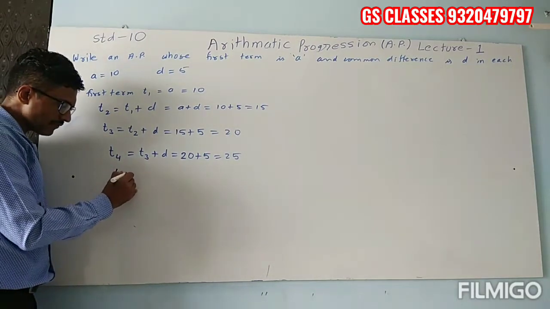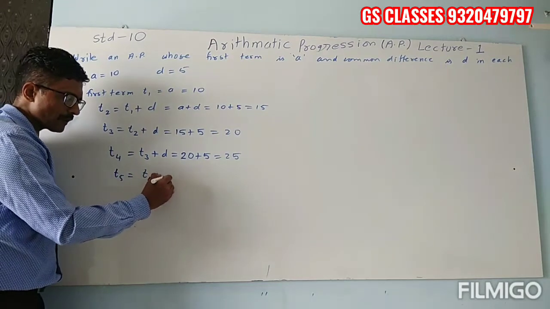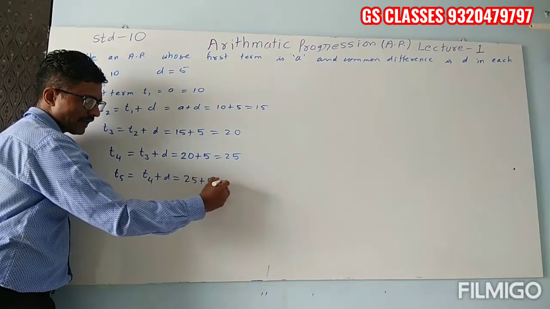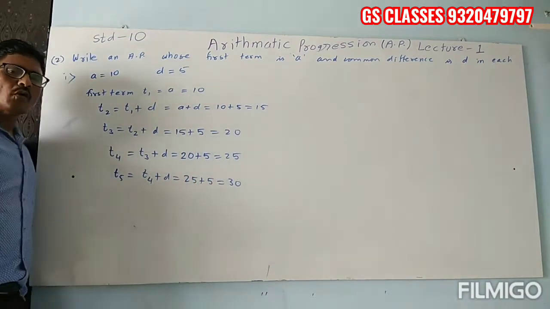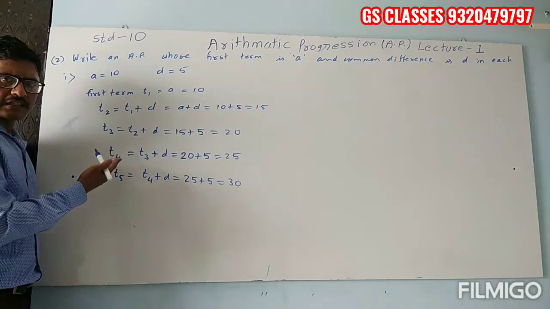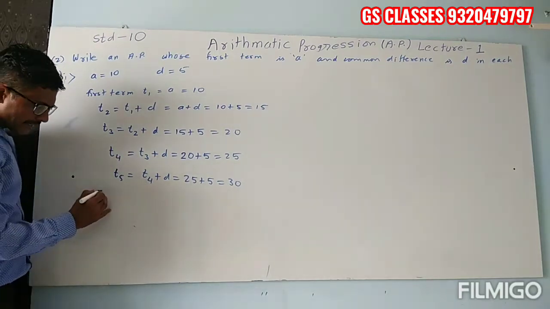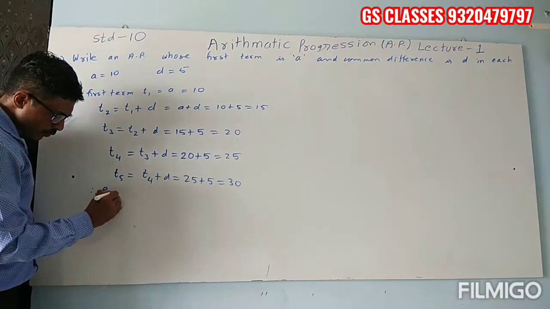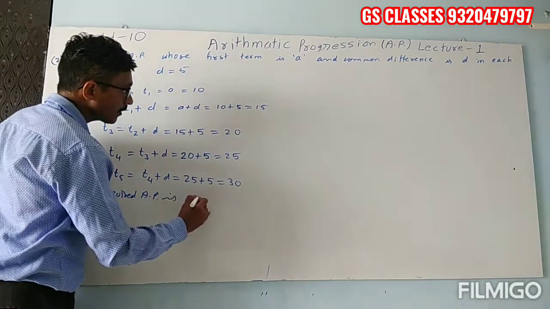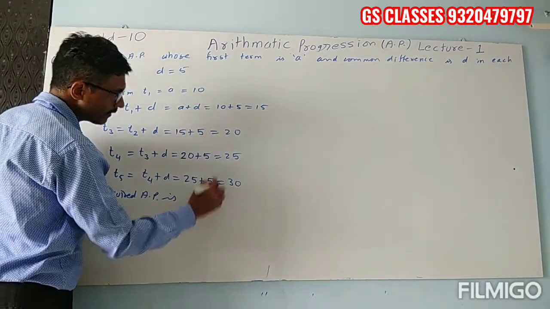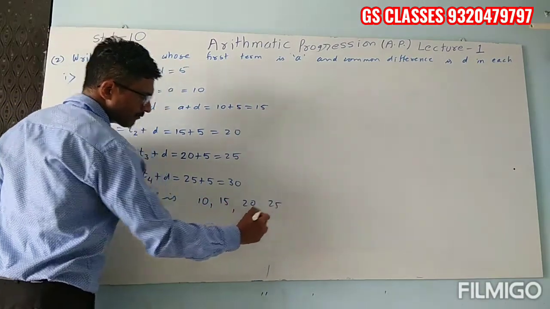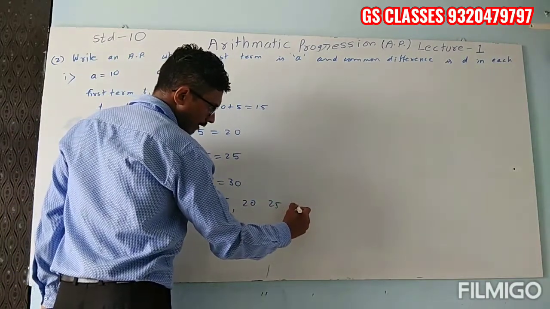Now T5 I can calculate by writing T4 plus D. What is T4? 25 plus 5, that is 30. And so on. So children, we calculate up to T3, T4, and thereafter you can write, so required AP is first term 10, second term 15, 20, 25 and so on.